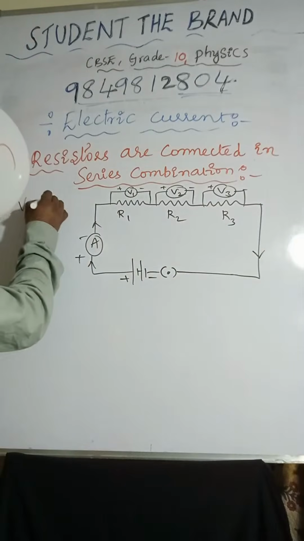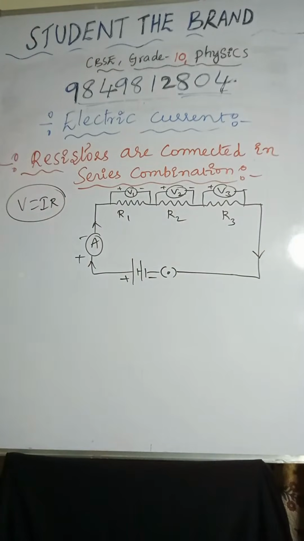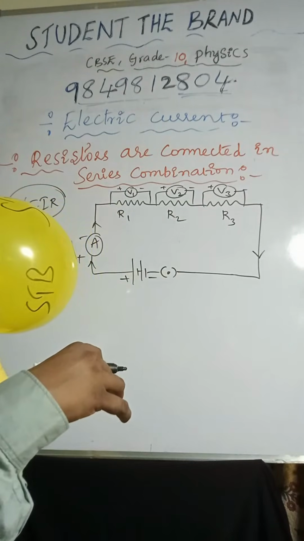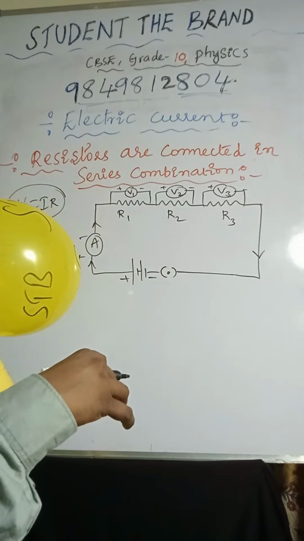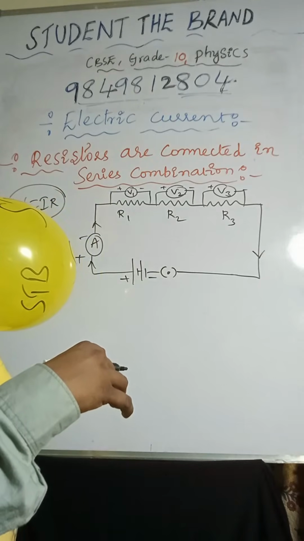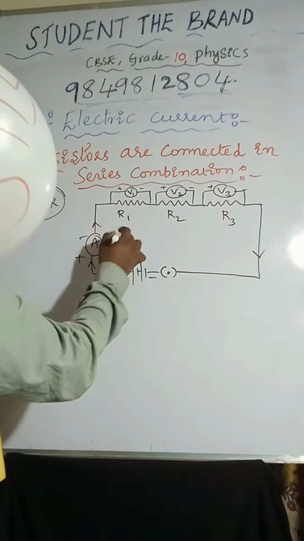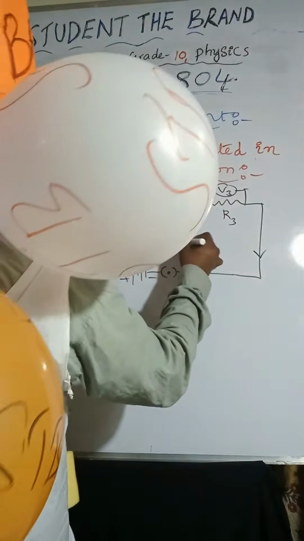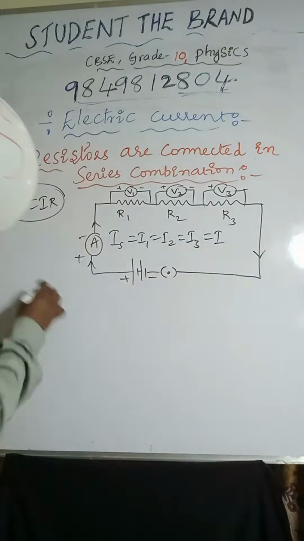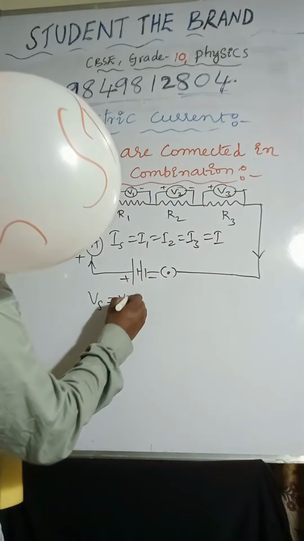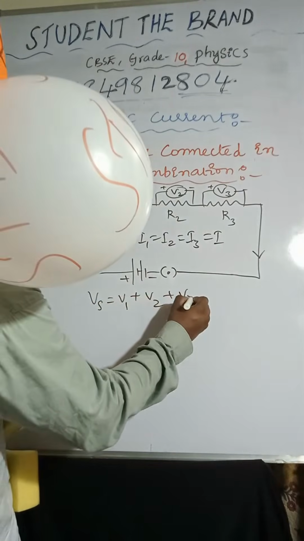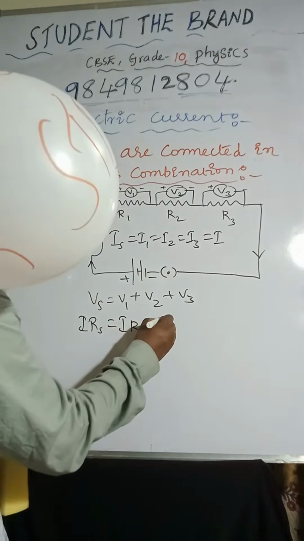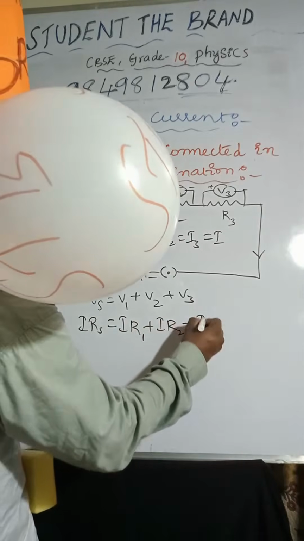From Ohm's law, V equal to IR. Throughout the circuit, current is the same. So Vs equal to V1 plus V2 plus V3. So IRs equal to IR1 plus IR2 plus IR3.